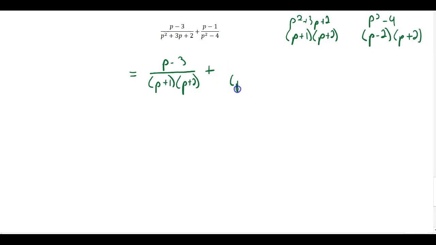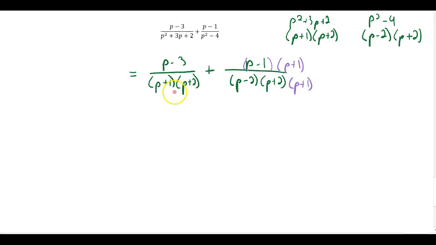So I'm going to end up with p minus 2 times p plus 2 on the denominator, and a p minus 1 on the numerator. Now looking for my common denominator. This one has a p plus 1. This one does not, which means I'm going to have to multiply numerator and denominator by p plus 1.